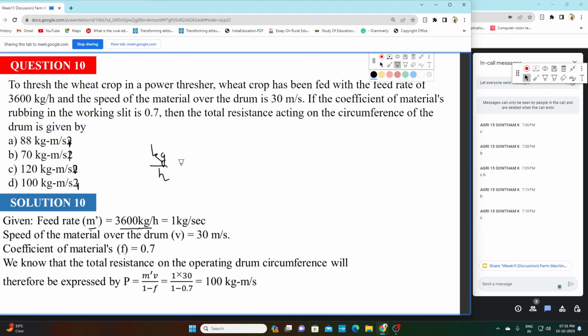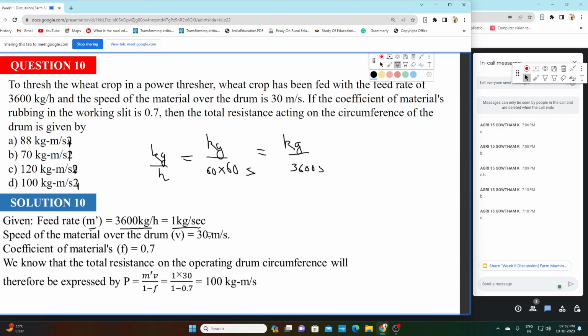An hour is 60 minutes into 60 seconds, that is 3600 seconds. So 3600 kg per hour equals 3600 kg per 3600 seconds, so your feed rate is 1 kg per second.